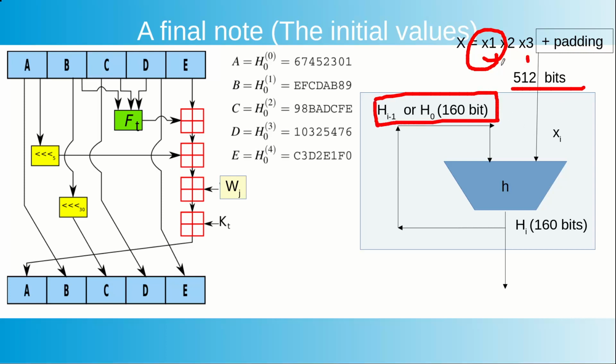Now in case of the first 512 bit block, how shall I get the previous hash output, because that is the first block of text. So in that case we use some initial H0 values, and here are those values.